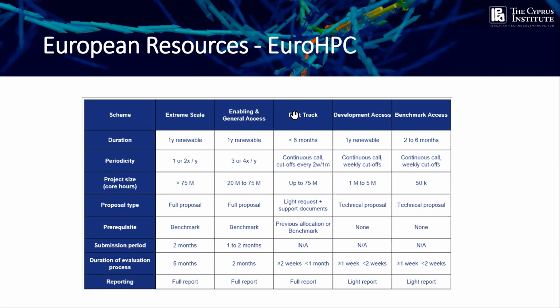So this fast track access is mainly aimed at emergency purposes. So again, these calls are still in discussion with EuroHPC. These are calls that PRACE suggested to EuroHPC, and the final details of these calls remain to be finalized until they can be fully published.